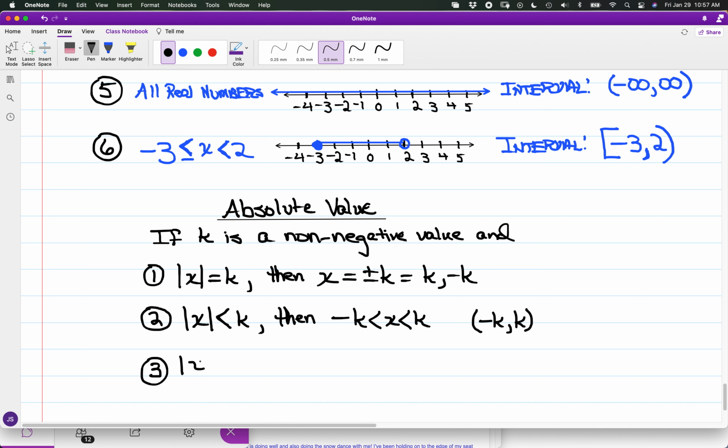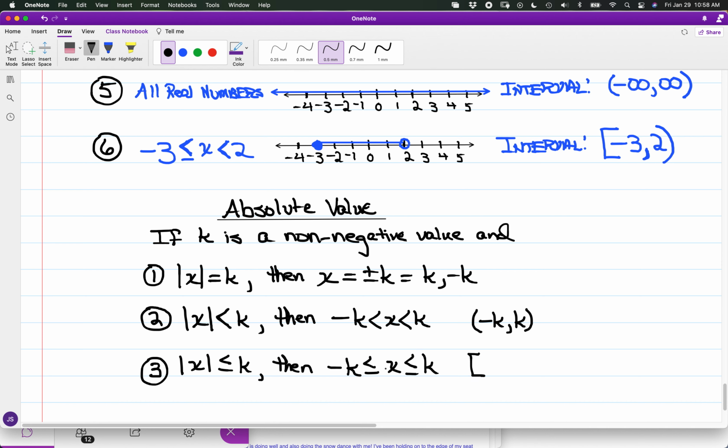And if I have it that the absolute value of x is less than or equal to k, again, you have a compound inequality, and you have that negative k is less than or equal to x, is less than or equal to k.